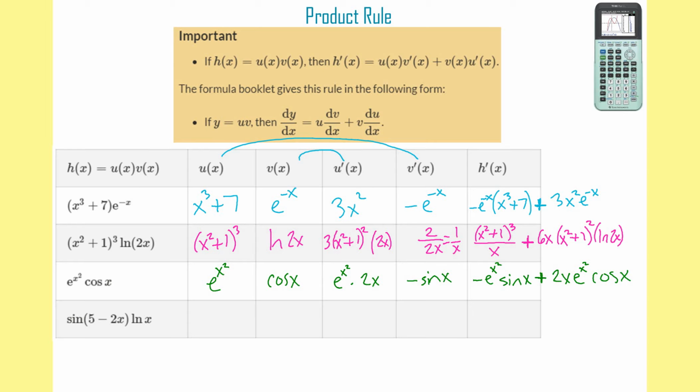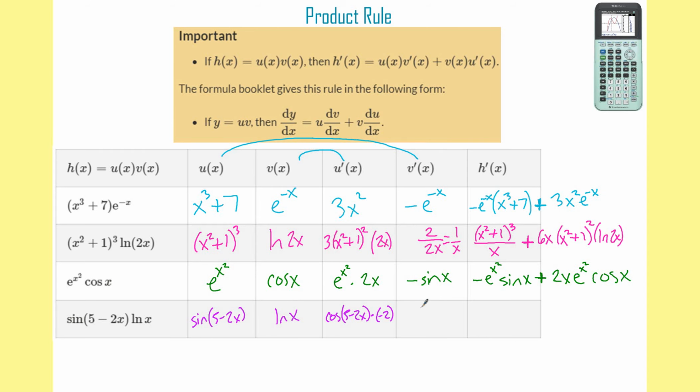All right, and for the last one, we have sine of 5 minus 2x, then we have the natural log of x, left side, right side. The derivative of this is a function within a function. So the derivative of sine is cosine times the derivative of the inside, which is just negative 2.